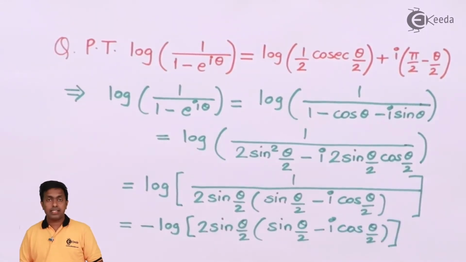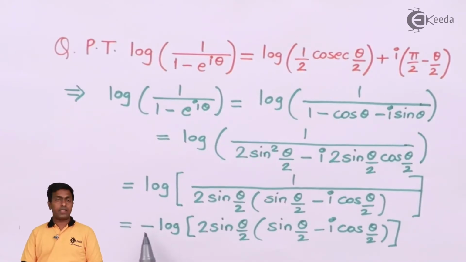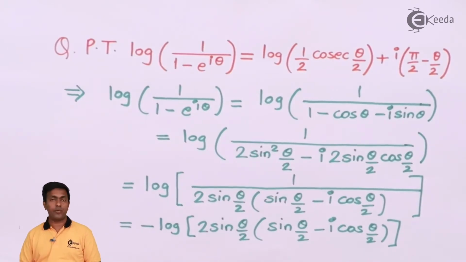Now guys, I'll keep this negative sign as it is, and in the bracket there are two terms. One is 2 sin theta by 2 and the other one is this bracket, which are multiplying each other. So I'll apply the property of logarithm, which says log of a into b is log a plus log b.